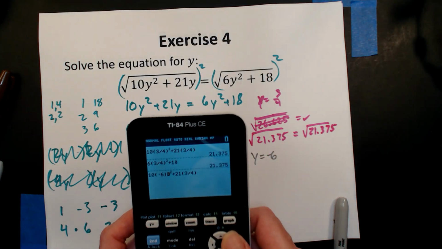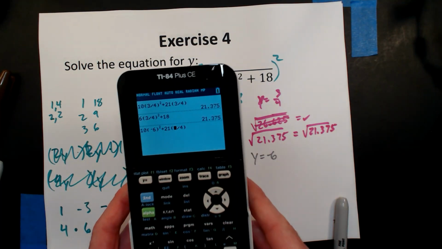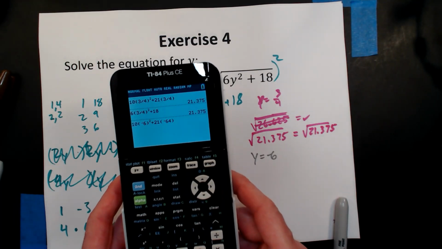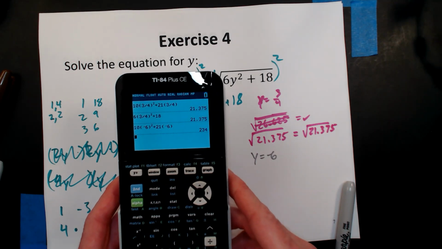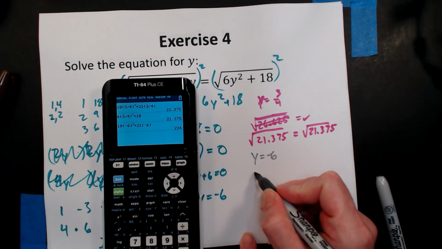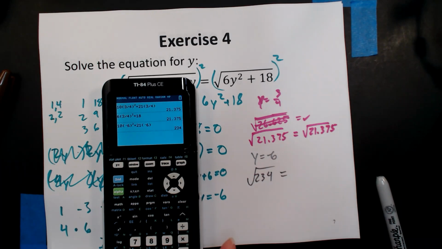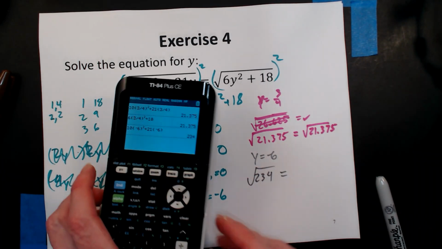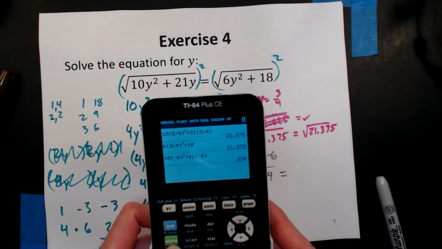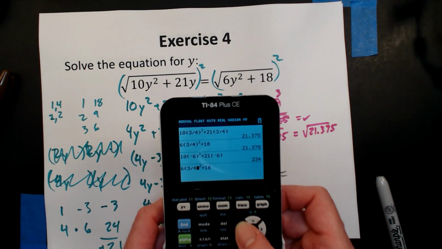And then I'm going to say that's -6. Hit enter. So I'm going to get 234 here. The square root of that is equal to, and I'm going to hit second function entry, entry again. I'm going to change this to -6.